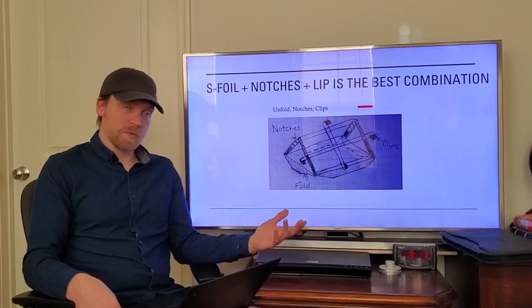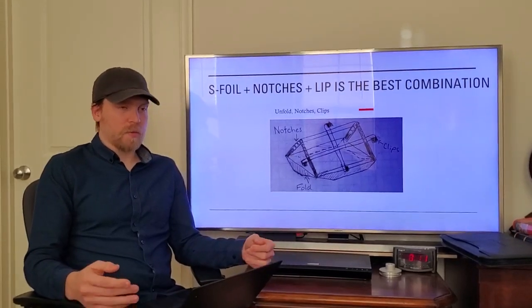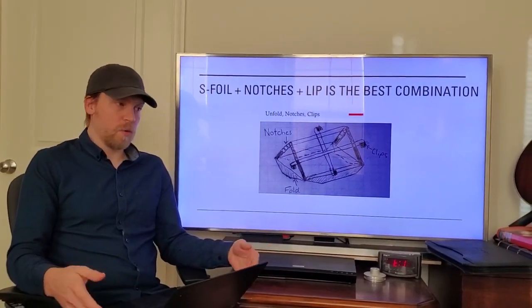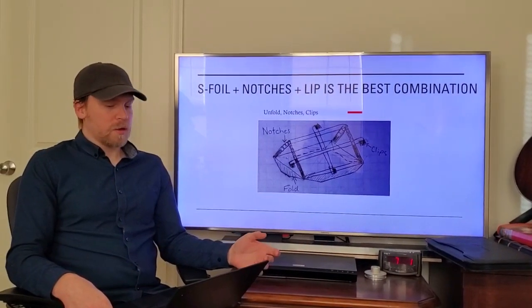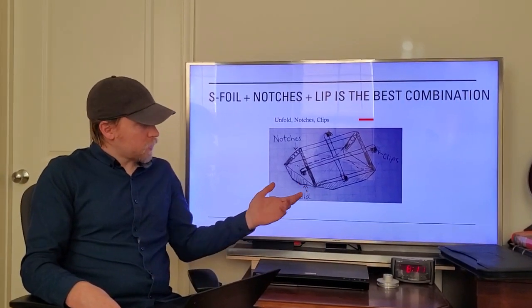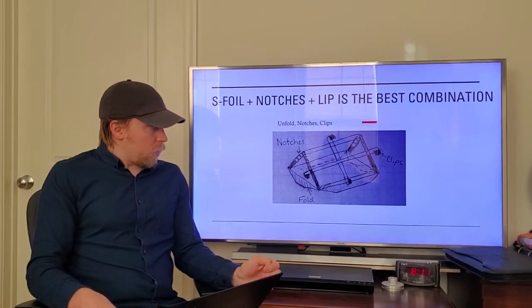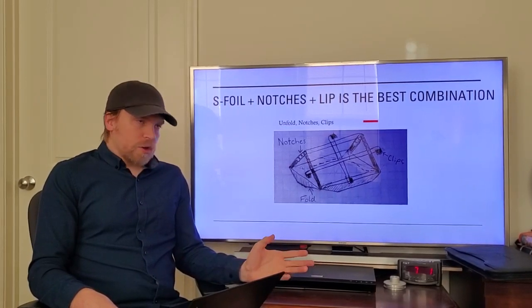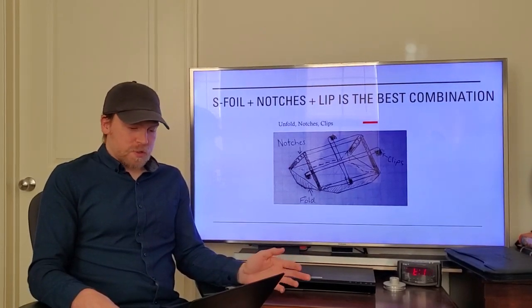Okay, so we decided to move away from clips in general because, like I said, they're really hard to find or manufacture. But this design was good, but it had too many small pieces.